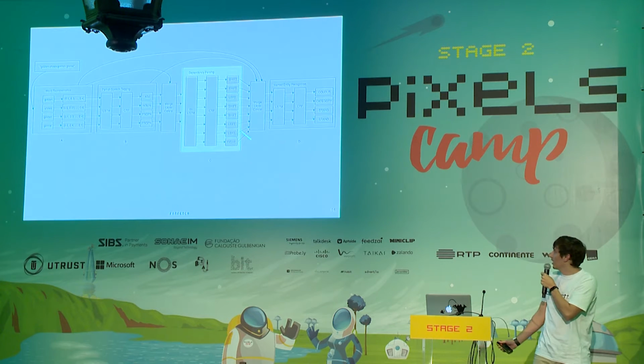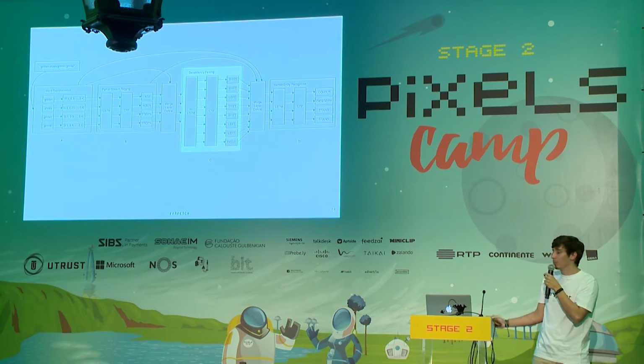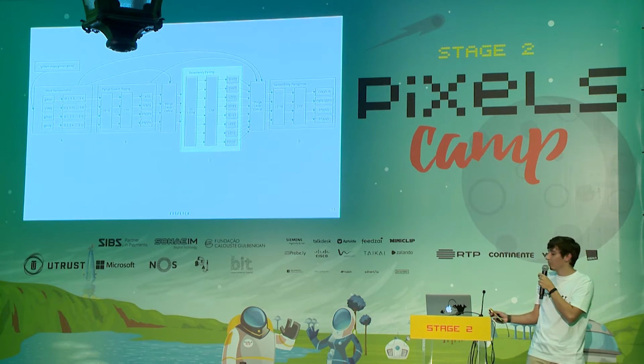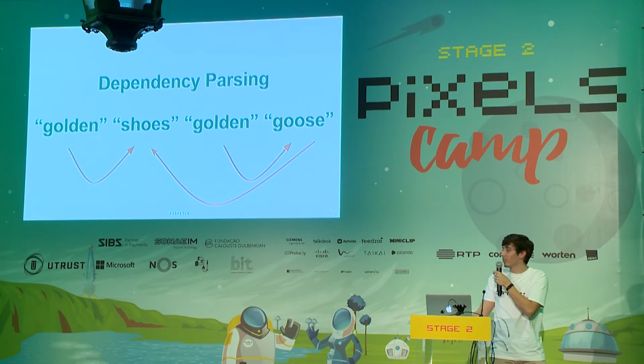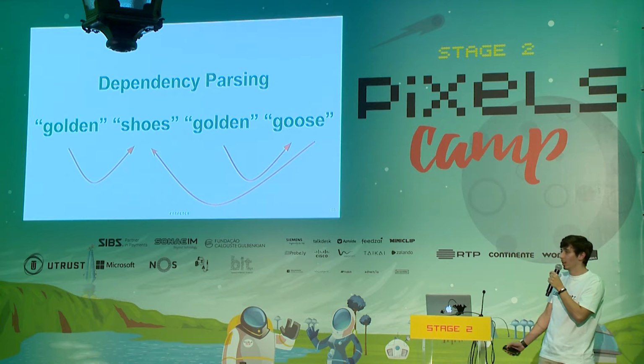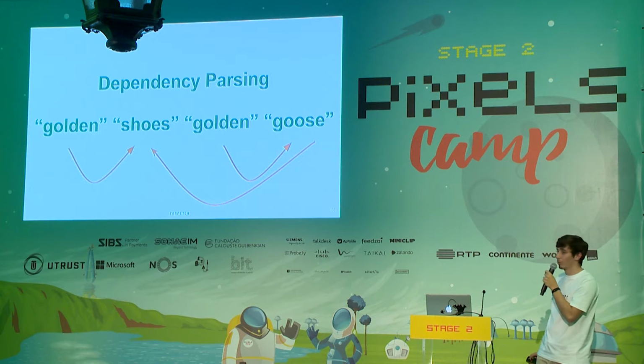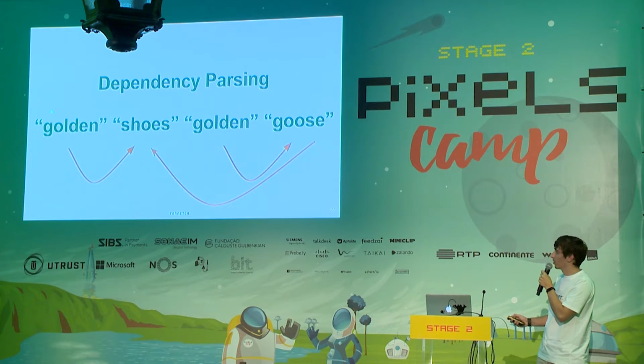After that, I have the dependency parsing. And what's a dependency parsing? Basically, a dependency parsing gives me the relationship between words. So I'm able to construct a graph in which you can have the connections between words. I would say that, for example, the word golden in here is closer to the word shoes. And I could say that this word, golden here, is much closer to the word goose.